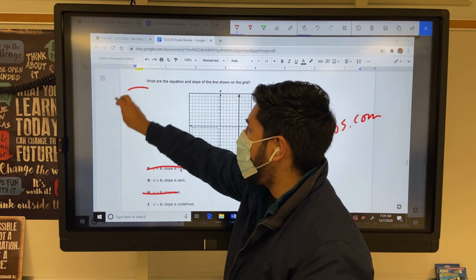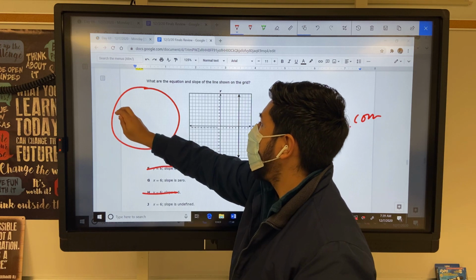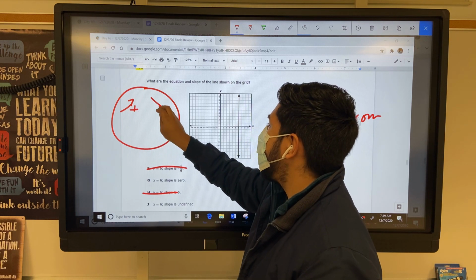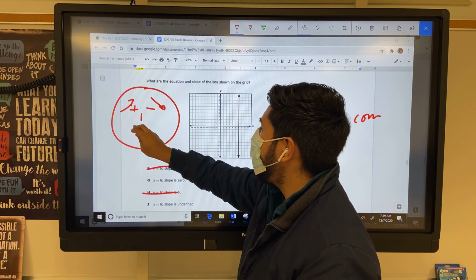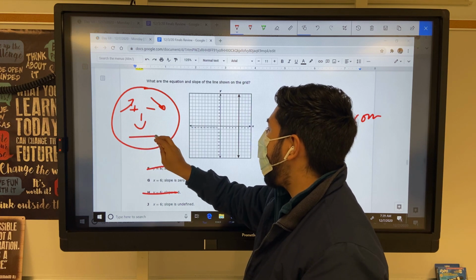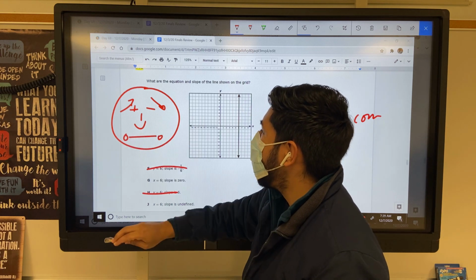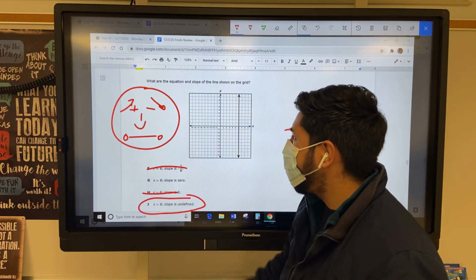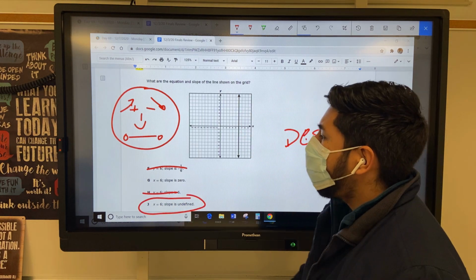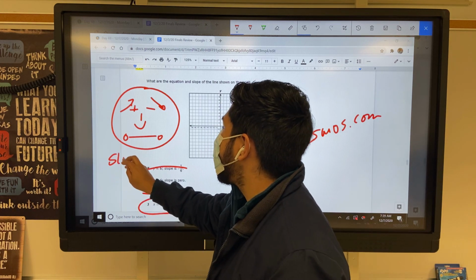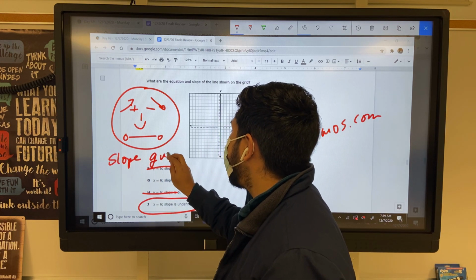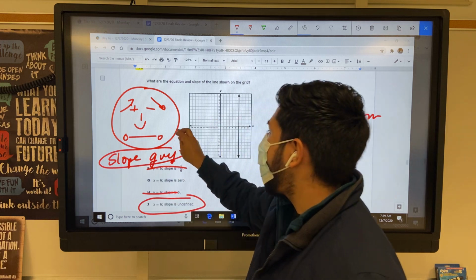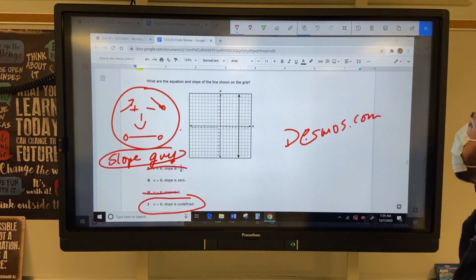Or you can use the slope guy. Going up is positive, going down is negative. His nose is undefined, and his mouth is 0. Undefined is his nose, which is going up and down. But if you need an actual picture, search up the slope guy. Google slope guy, and he'll pop out, I promise.